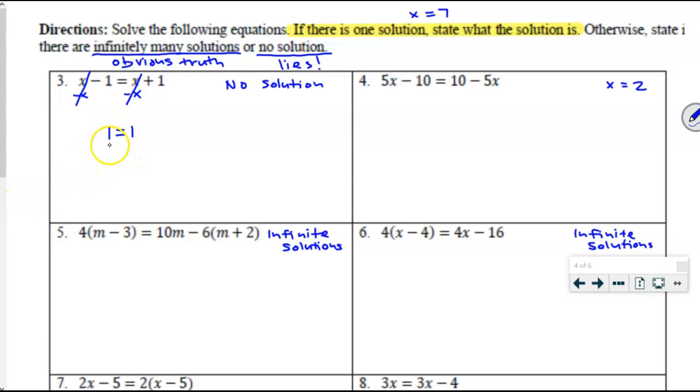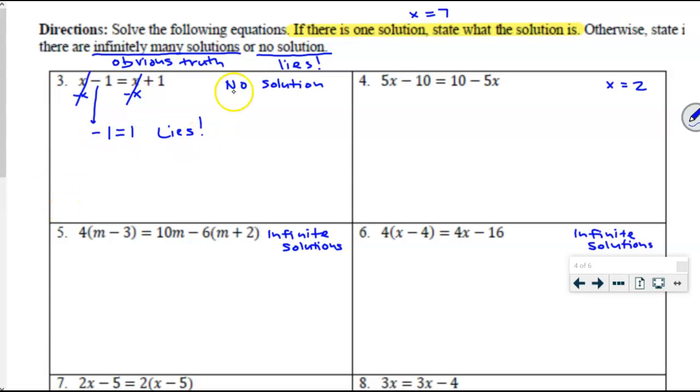Yeah, what is the mistake that I made right here when I said 1 equals 1? What is that mistake? And how many of you have made mistakes like that in the past? Yeah, Charlie. If we think of this as plus a negative, then it's not just 1 that we have left, it's -1. And -1 equals 1, I hope you see that is a lie.